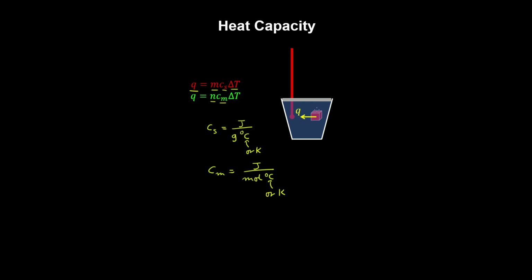Now, for example, if we drop a hot iron block with the following mass, initial temperature, and specific heat capacity, into a styrofoam cup holding water with the following properties.